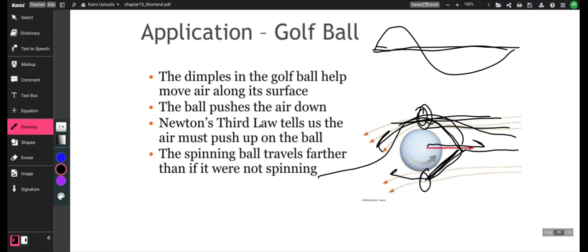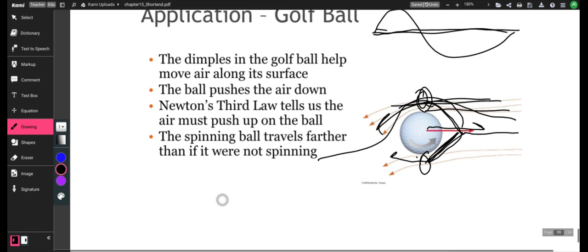And so the ball, as it's spinning, has a low pressure all the way around it. This is how we get things like knuckleballs and curve balls in baseball, because there is stitching on the ball, and if we put that stitching in the right spot and we're throwing the ball fast enough, we can get it to do some really interesting things caused by Bernoulli's principle.